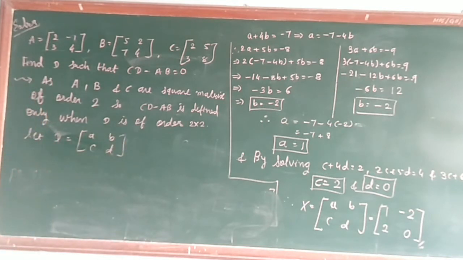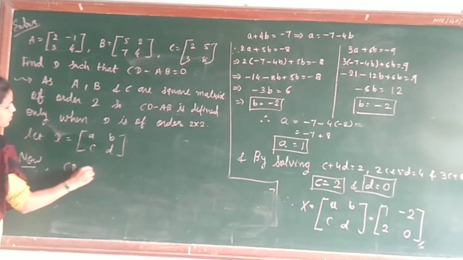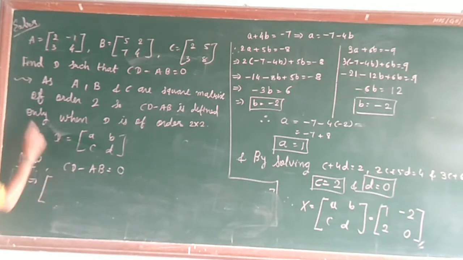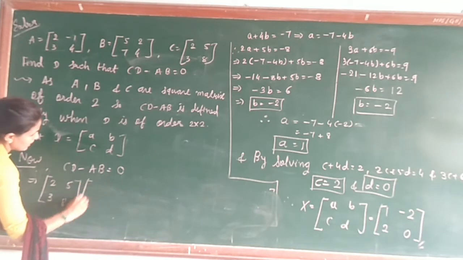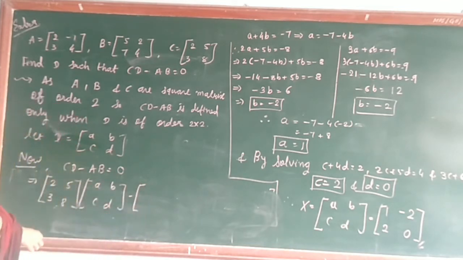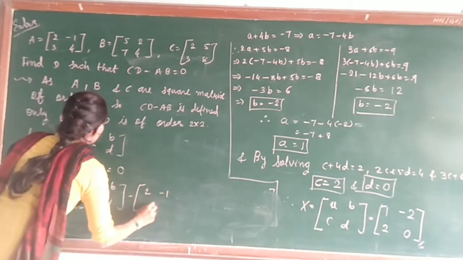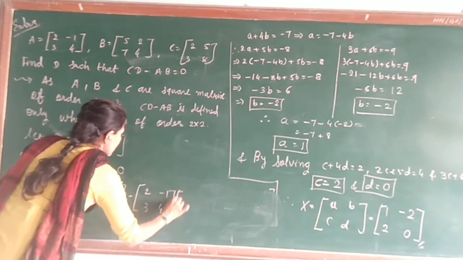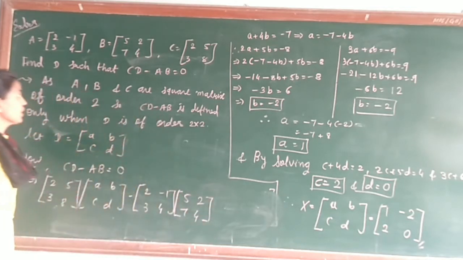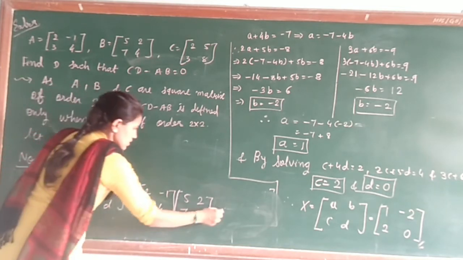Now students, apply a similar method. What do you have to do now? CD minus AB is equal to 0. So here you have C, that is 2, 5, 3, 8, times D, that is a, b, c, d, minus A, that is 2, minus 1, 3, 4, times B, that is 5, 2, 7, 4, and this equals 0.